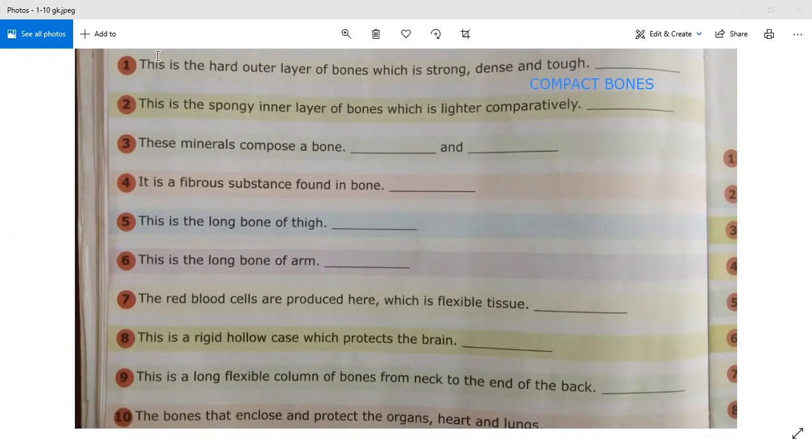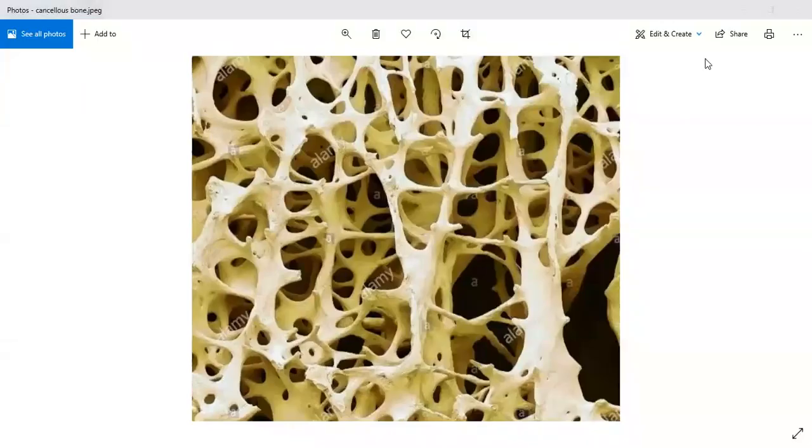The next fill-up is: this is the spongy inner layer of bones which is comparatively lighter. I just want to show you how this spongy inner layer of bone looks. See, it looks like this.